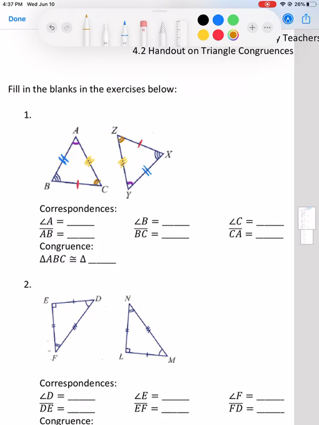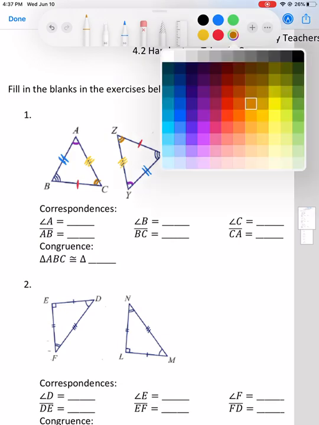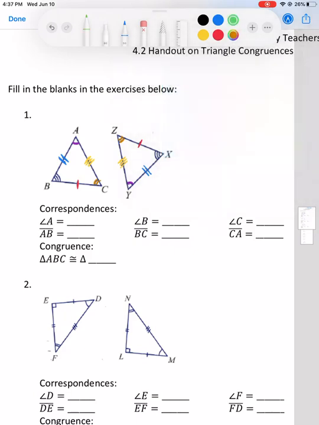That means that they are equal. And angle B has three marks on it. So does angle X, it has three marks on it. So those angles are equal.